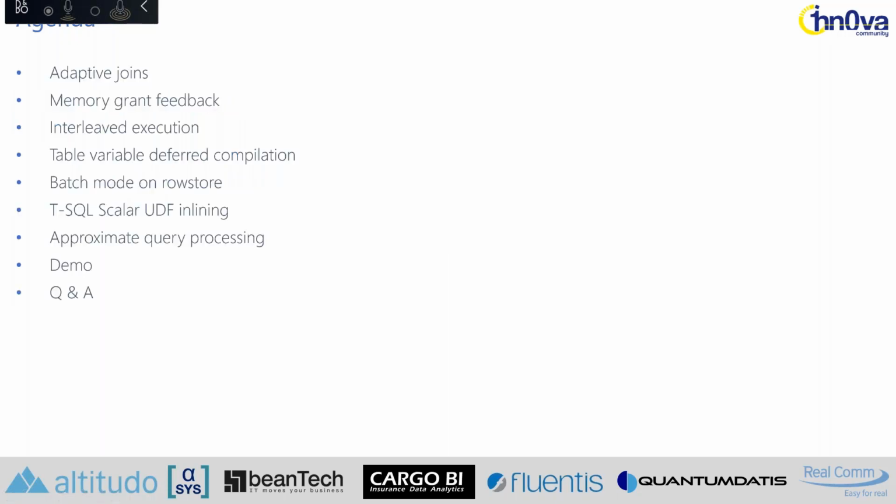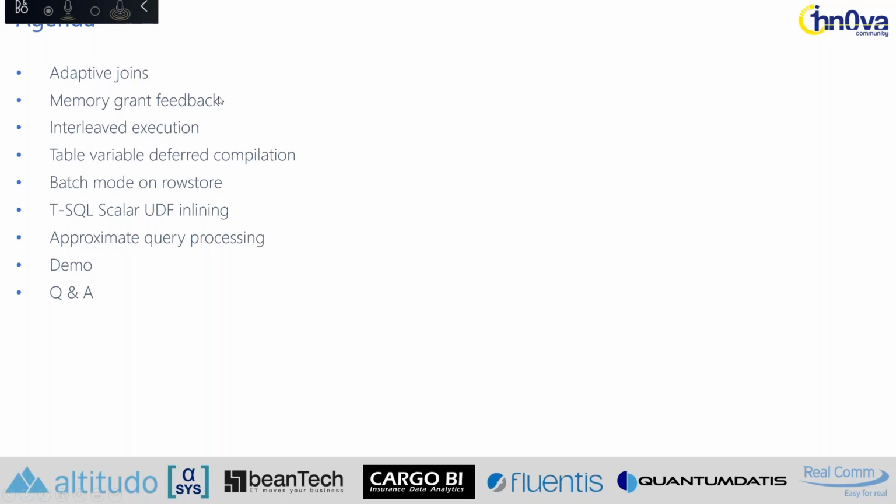Today's agenda is all about intelligent query processing, which is a combination of features of SQL Server 2017 and 2019. That includes adaptive joins, memory grant feedback, interleaved execution, table variable deferred compilation, batch mode on rowstore, T-SQL scalar UDF inlining, and approximate query processing.